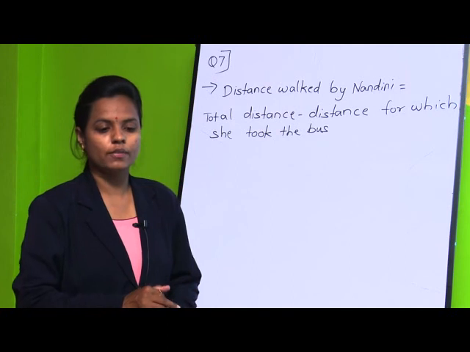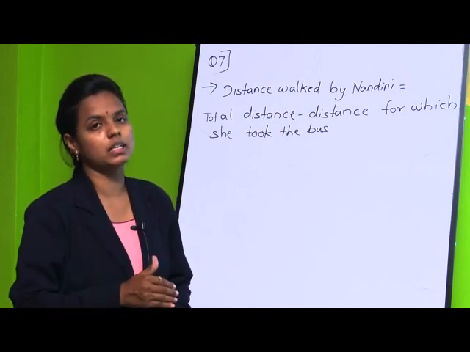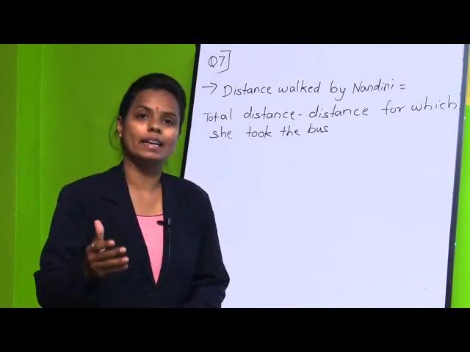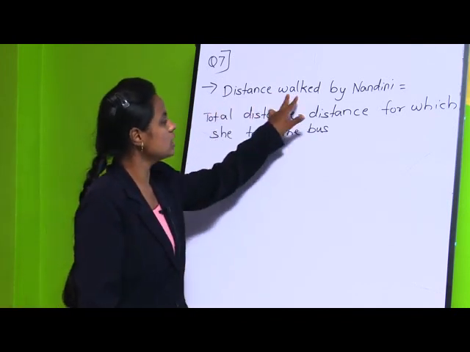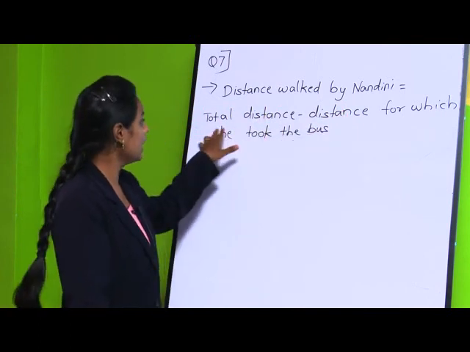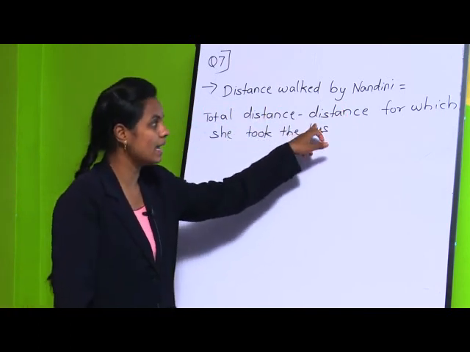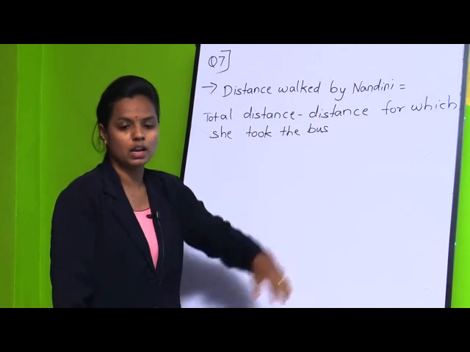How far did she walk? So we need to find the distance. To find it, we have written here distance walked by Nandini is equal to total distance minus distance for which she took the bus.